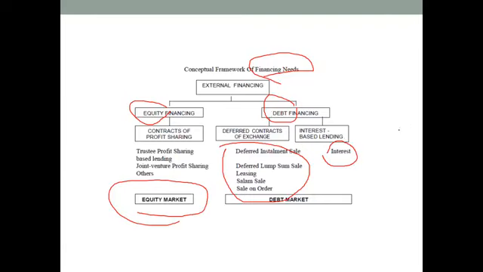So this one cannot. You can get married. You can get what we call an Islamic loan, but you cannot use the conventional loan. If you want to get married, I know right now the cost of getting married is quite high.